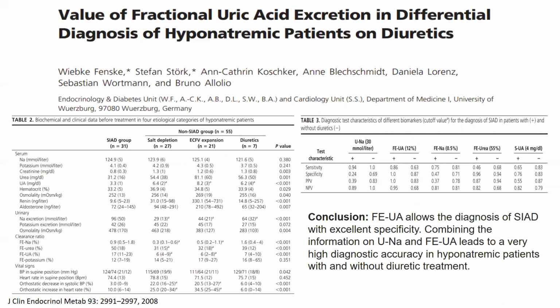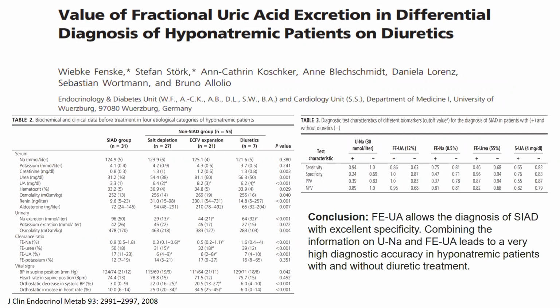The other thing we have to think about is the fractional excretion of uric acid. A lot of physicians measure the uric acid in the serum when thinking about SIADH, which is not wrong, but doing the fractional excretion of uric acid is more accurate. This study was done on around 86 patients.